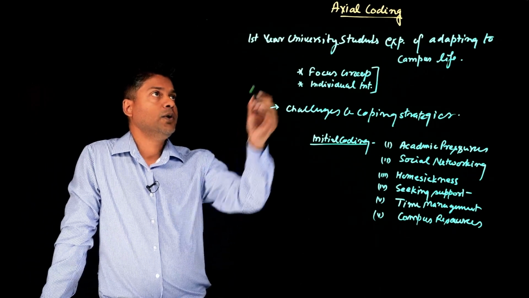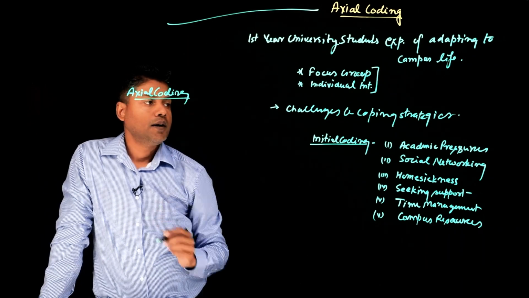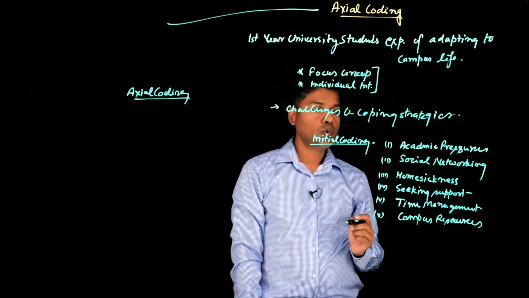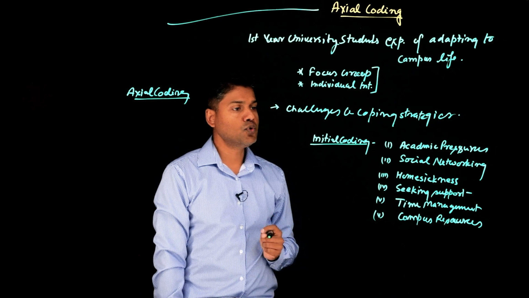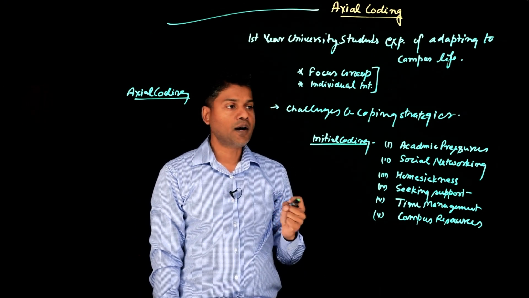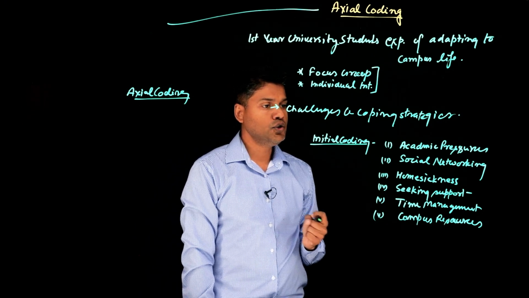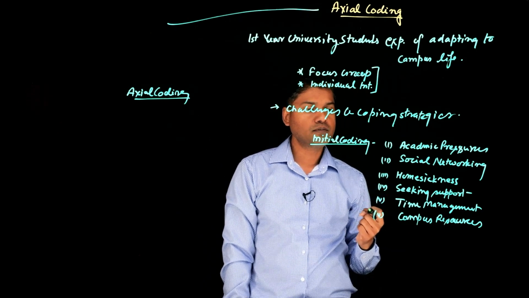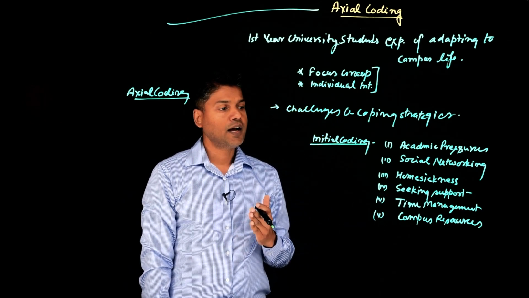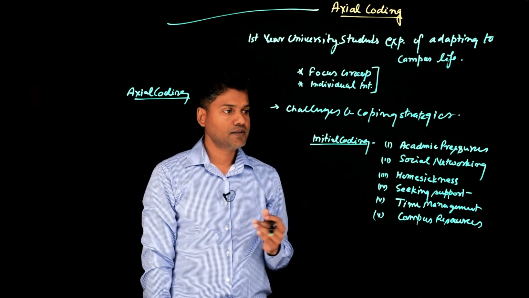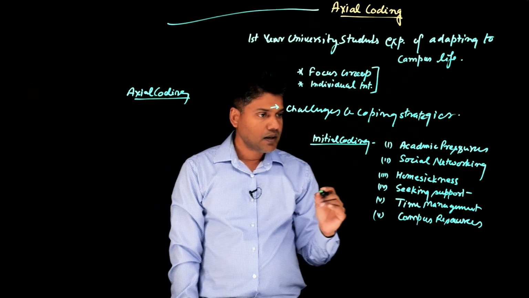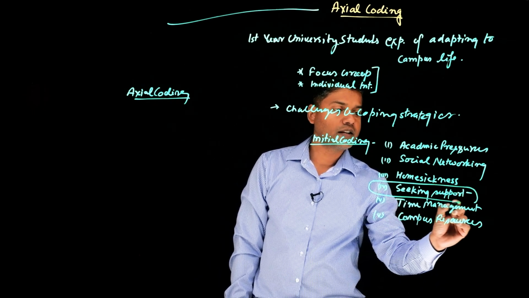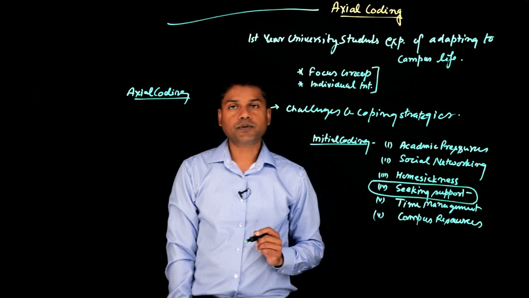For axial coding, I can look at all these categories and ask myself, which category has more analytic power that I can use to understand the relationships between categories and other subcategories. So let's say, as a researcher, I focused on this particular category, seeking support.